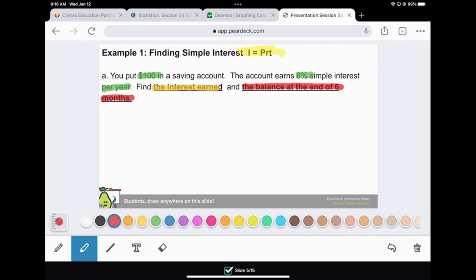So here is what we're going to do. We need to figure out the interest. We know the interest is I, that's what we don't have. They ask you to find the interest. Now, we can identify the 6%.